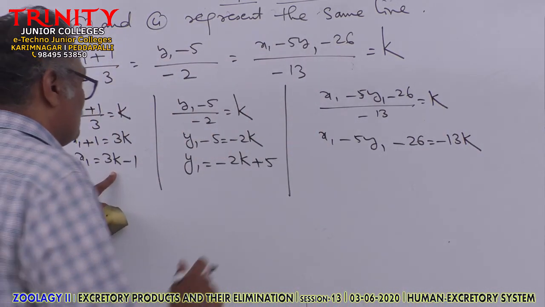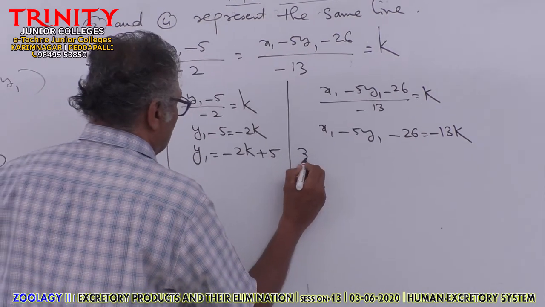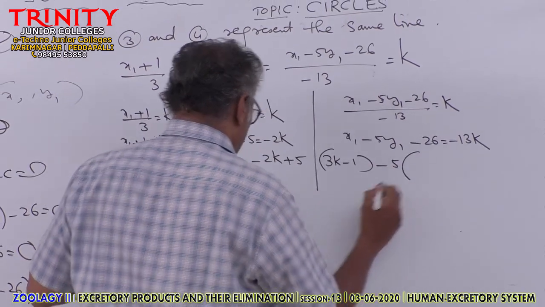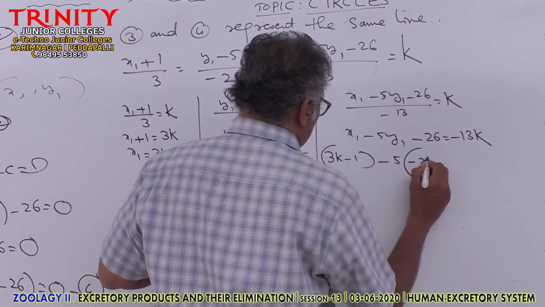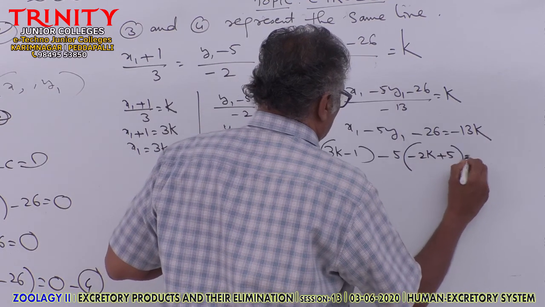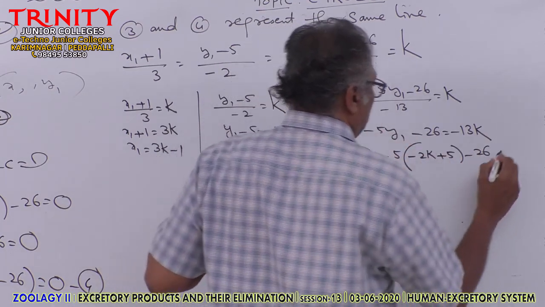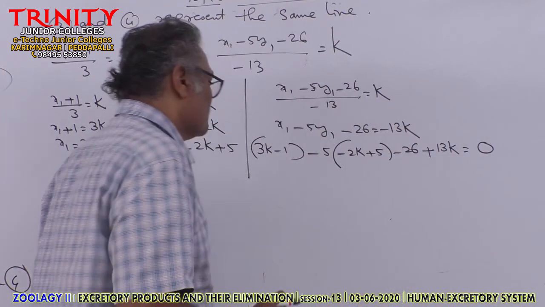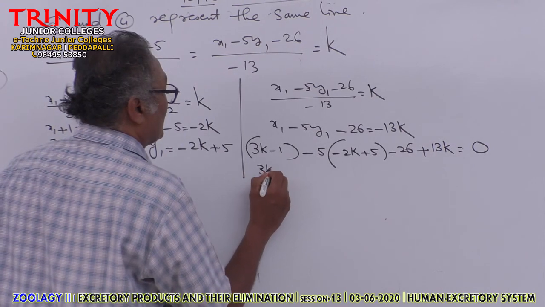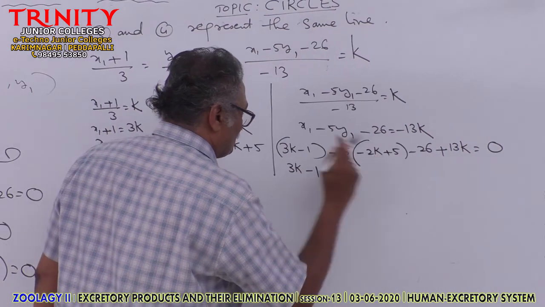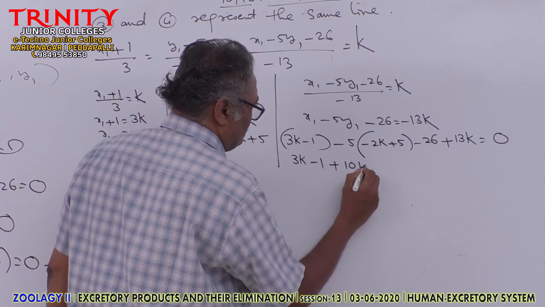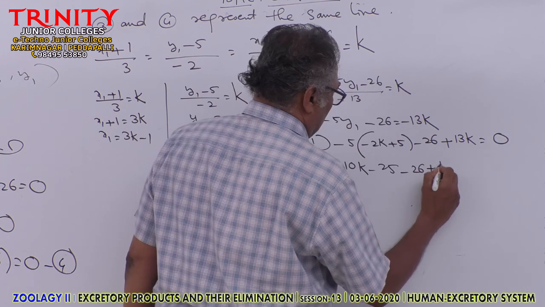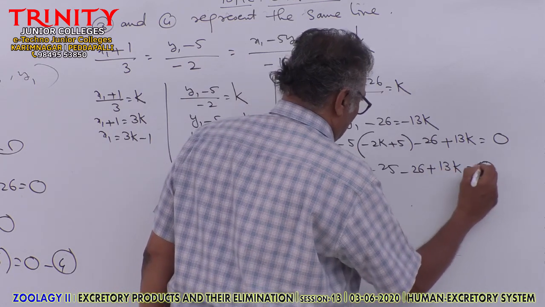Now substituting these two: x1 is 3k - 1, minus 5 times y1, which is -2k + 5, minus 26 plus 13k equals 0. So 3k - 1, minus into minus is plus, 10k - 25 - 26 + 13k = 0.